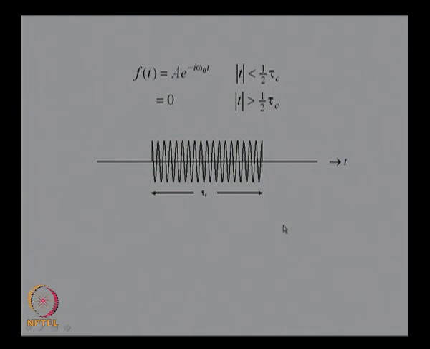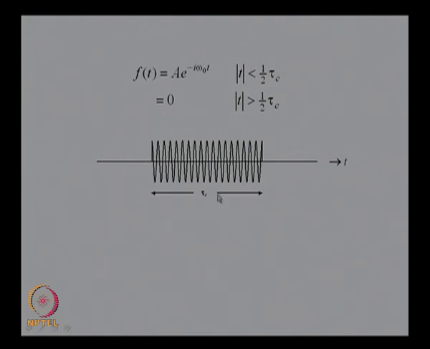And we can consider similarly another time dependent function, where f of t is 0 for all times greater than plus half tau c or less than minus half tau c. So, tau c is the duration of the pulse.